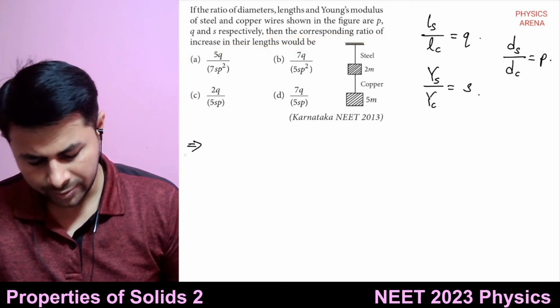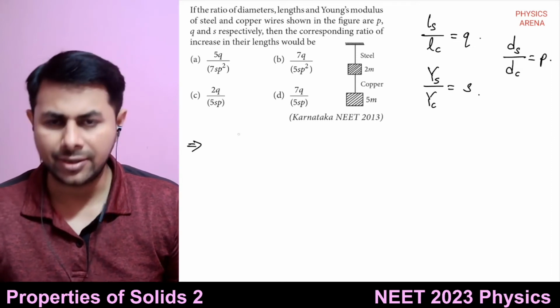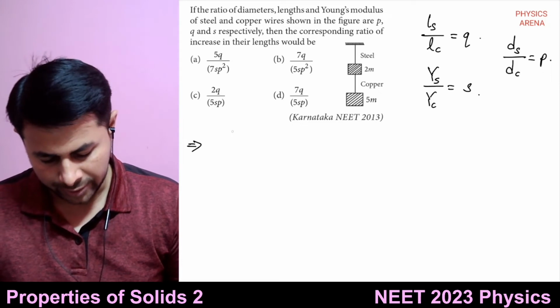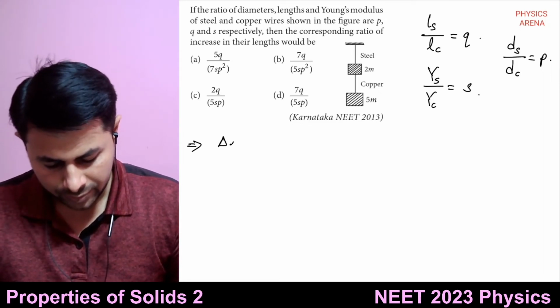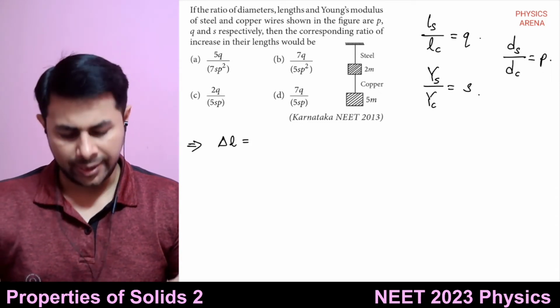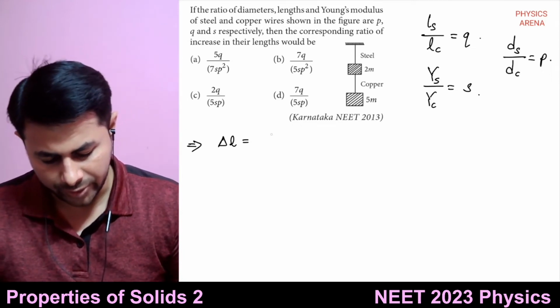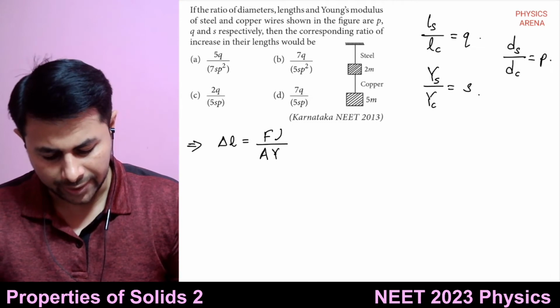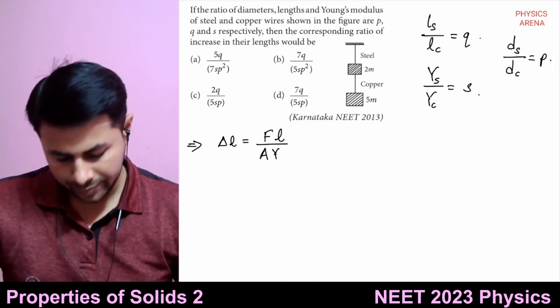Most of the times the question is based upon the increment in length only, so it's good to memorize this formula. Delta L will be equal to what? F upon AY multiplied by L, right?